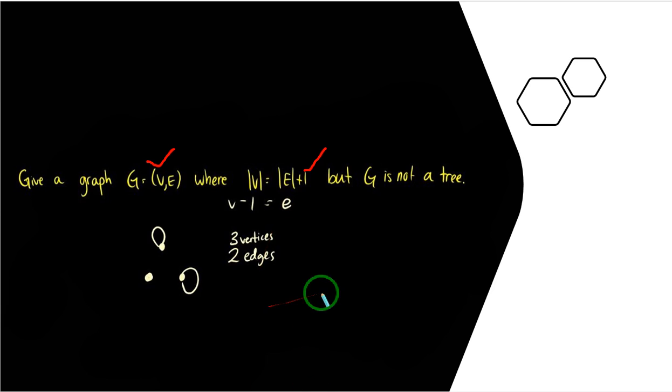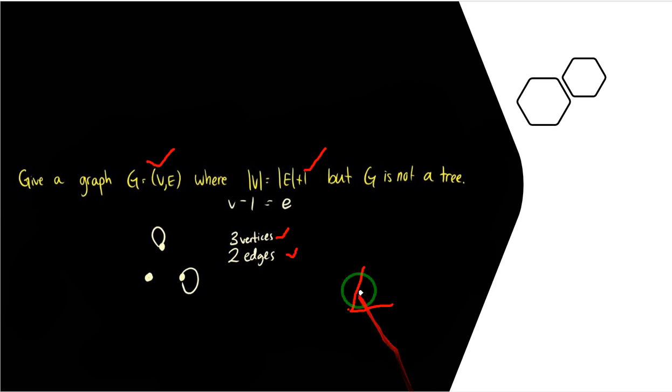So let's see. According to this formula, if we have 3 vertices, how many edges do we have? 2. Okay, so 3 vertices, 1 2 3. How many vertices? 1 2 3 vertices. But what about the tree condition? A tree is just like this. Once it is connected and cannot make a loop, it's a tree.